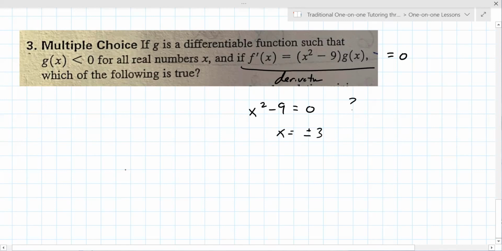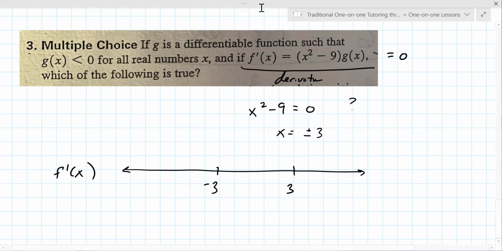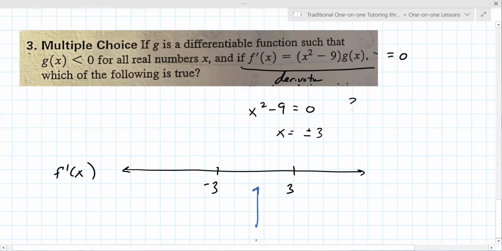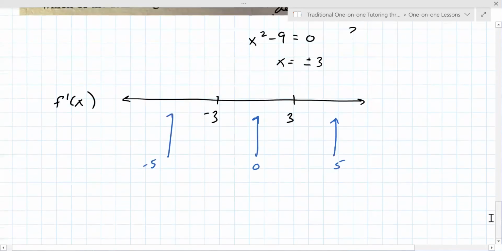Yes. So you build your number line again, f prime of x, and you put those two critical values on the -3 and 3, and you test points again. So like 0, 5, and -5. Okay. So sorry.